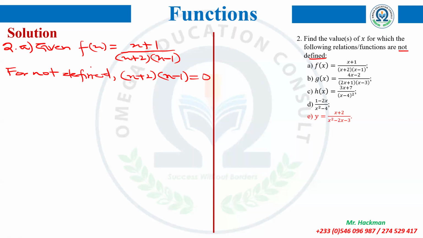Sir, please can you come again? Yeah. If I have A times B being equal to 0, we know that this means A is equal to 0 or B is equal to 0. We can write that. But if I have A times B being equal to 1 or any other number, I cannot say that A must really be equal to 1 and B must really be equal to 1. Yes, 1 times 1 will give you 1.